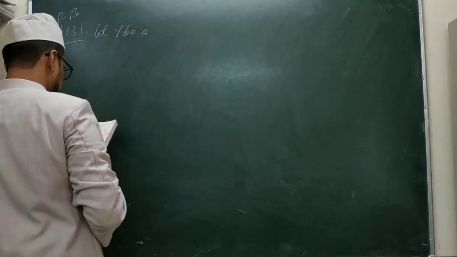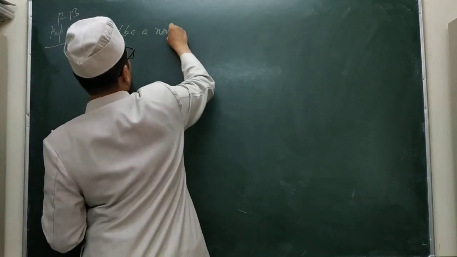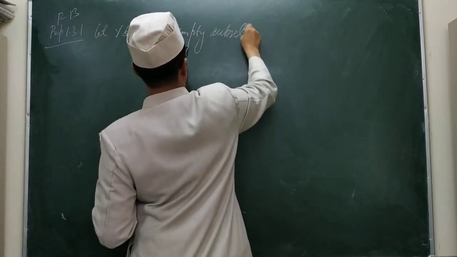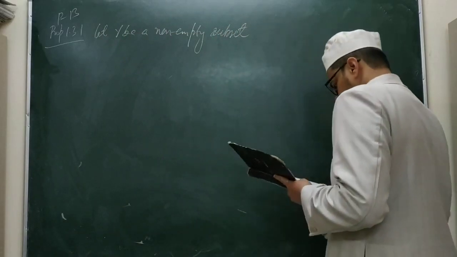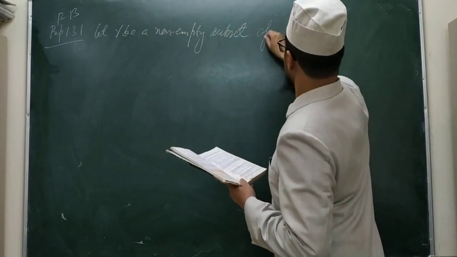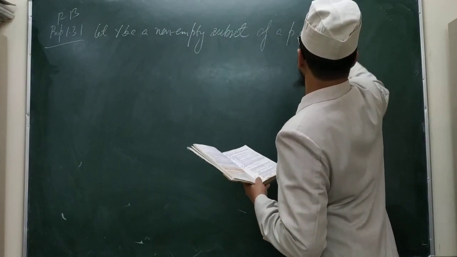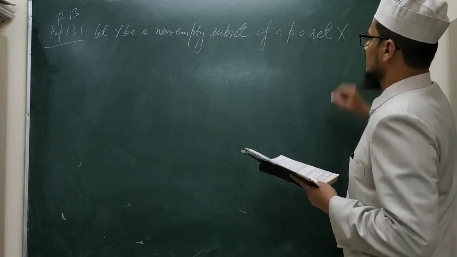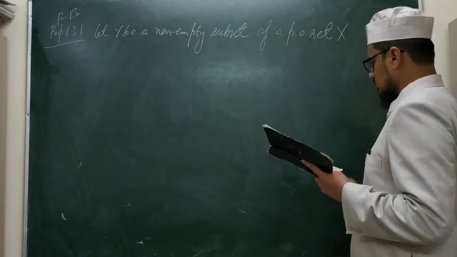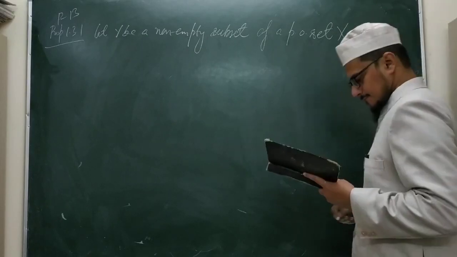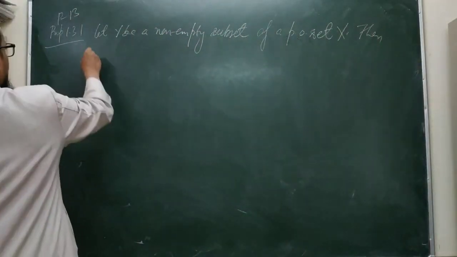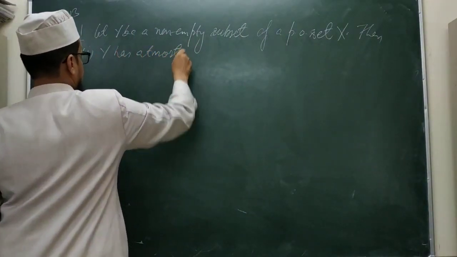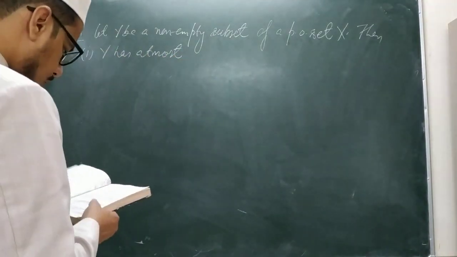Let Y be a non-empty subset of a partial ordered set X. Then, first, Y has at most one minimum element.